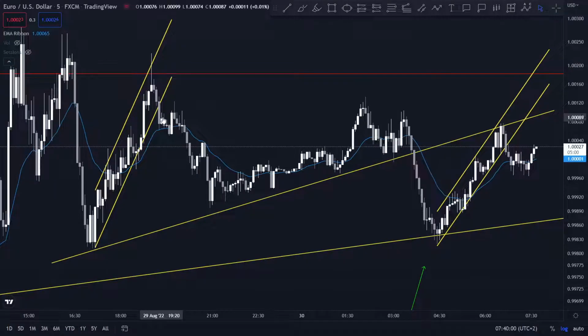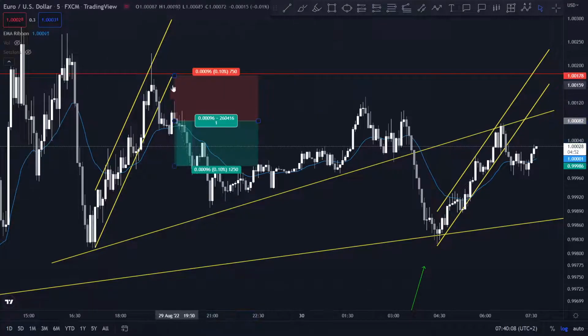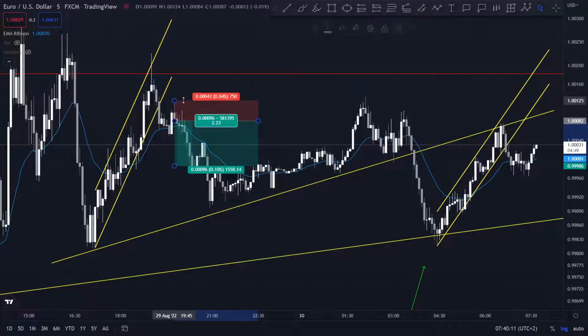We had a breakdown, an attempt to reverse, second attempt to reverse, and this second attempt here would have been a good short.